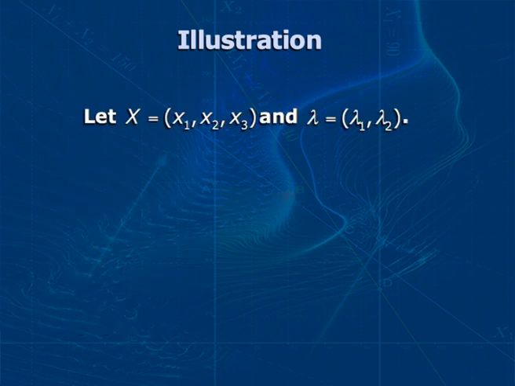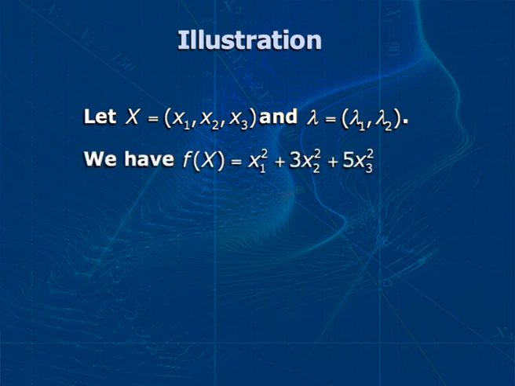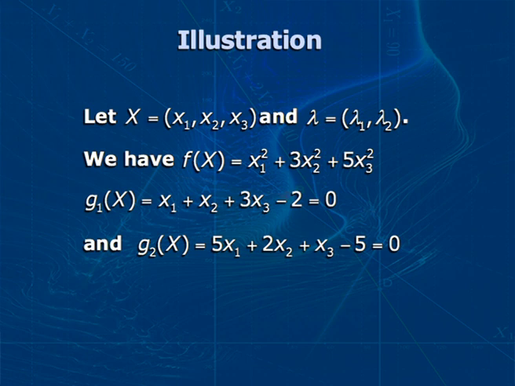Let x = (x1, x2, x3) and λ = (λ1, λ2). f(x) = x1² + 3x2² + 5x3². g1(x) = x1 + x2 + 3x3 − 2 = 0. g2(x) = 5x1 + 2x2 + x3 − 5 = 0.